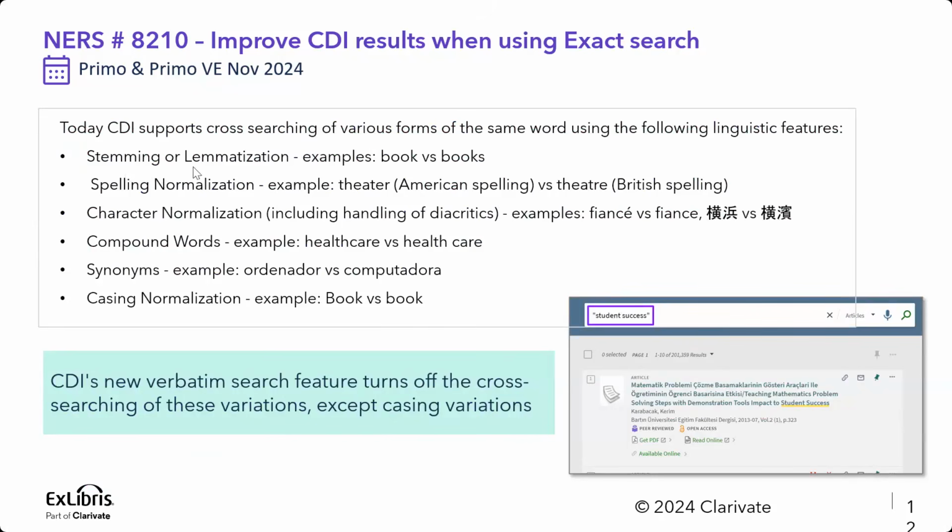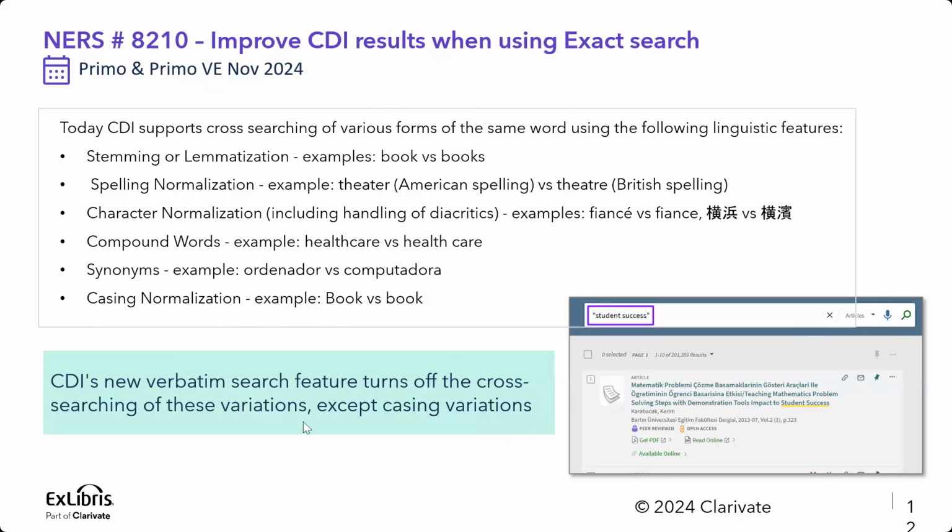We gave an example for stemming. We also have all kinds of variations, for instance, American spelling versus British spelling. It could be special diacritics, compound words or synonyms, and even the option with case, uppercase or lowercase.